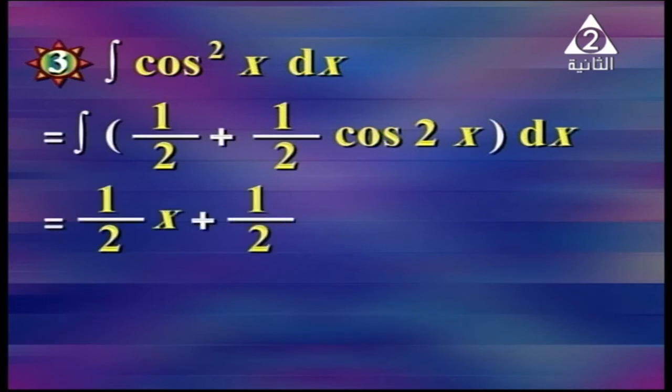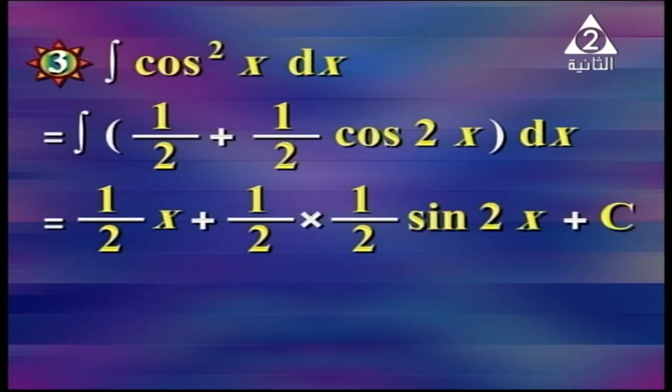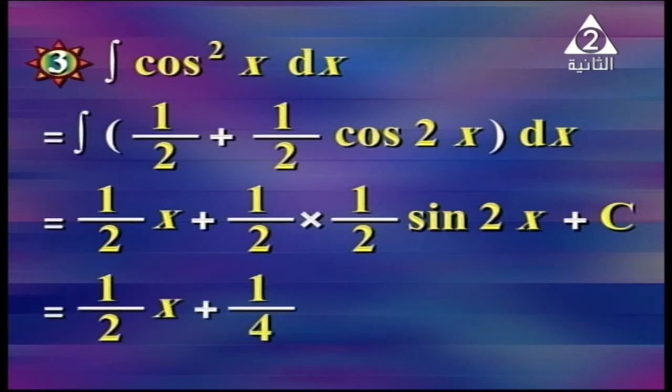What is the integration of half cosine 2x? The constant half multiplied by the integration of cosine 2x, which equals sine 2x divided by 2. Then the integration becomes half x plus half times half sine 2x plus c, which equals 1 over 2x plus 1 over 4 sine 2x plus c.